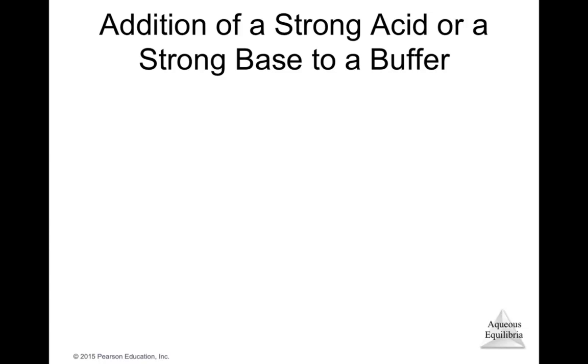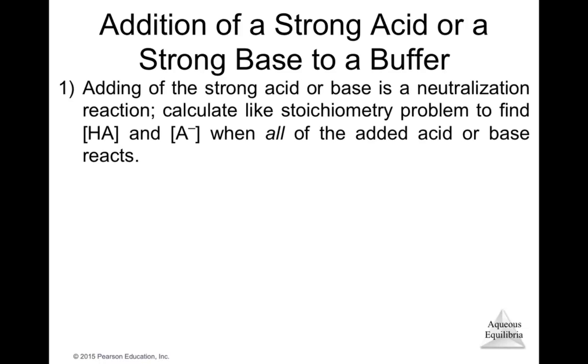When you add a strong acid, that acid is going to react with the base in the buffer. And if you're adding a strong base to a buffer solution, that base is going to react with the acid part of the buffer. So adding a strong acid or base is a neutralization reaction. You are neutralizing that species of acid or base with the buffer.